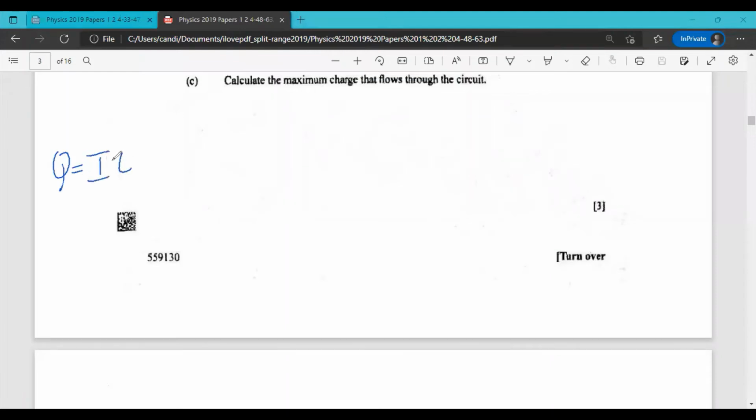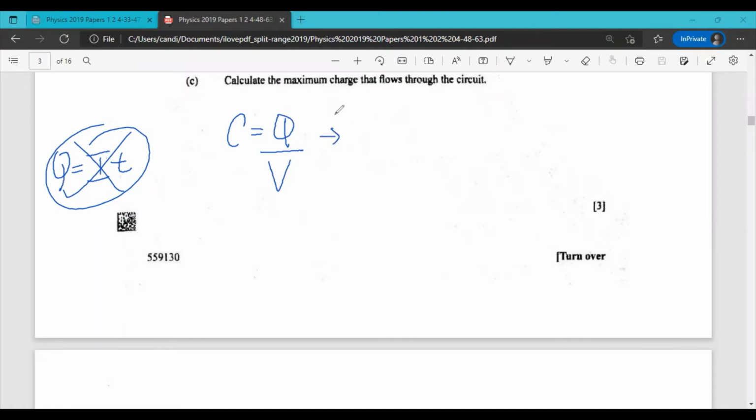So we're actually going to use the formula for capacitance. Capacitance is equal to charge over voltage. We rearrange that to make charge the subject. So we take the voltage over to the other side, it's multiplied now. So charge is equal to capacitance multiplied by voltage.